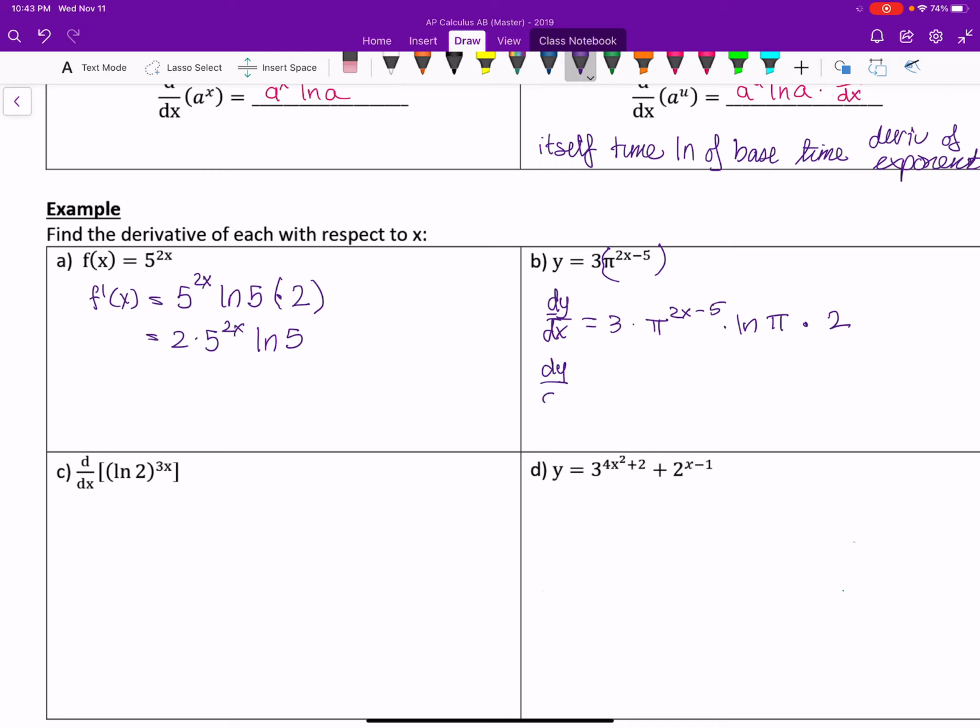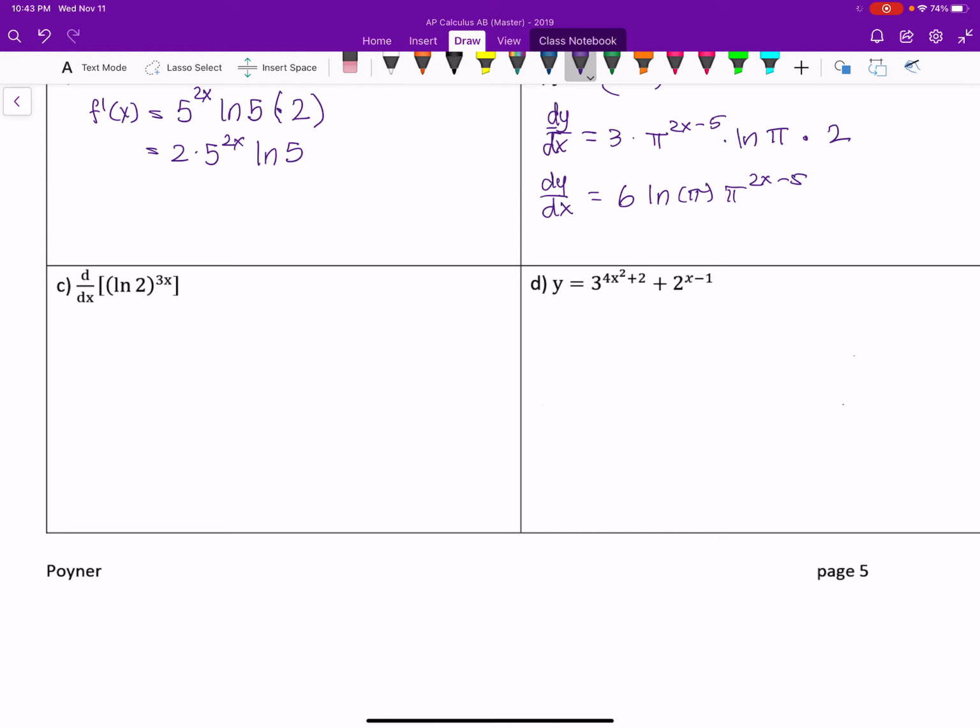So dy dx in this case is equal to 6 natural log of pi times, oh, I was going to write e. I meant pi. Pi raised to the 2x minus 5.